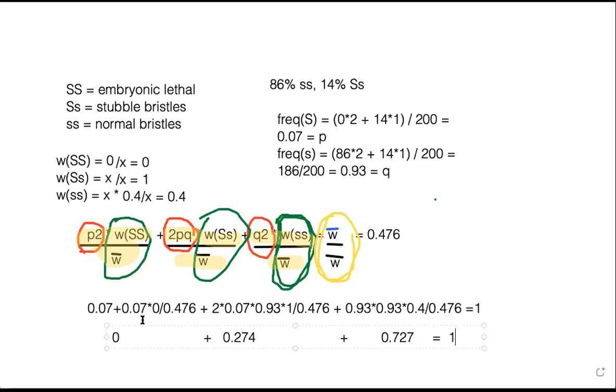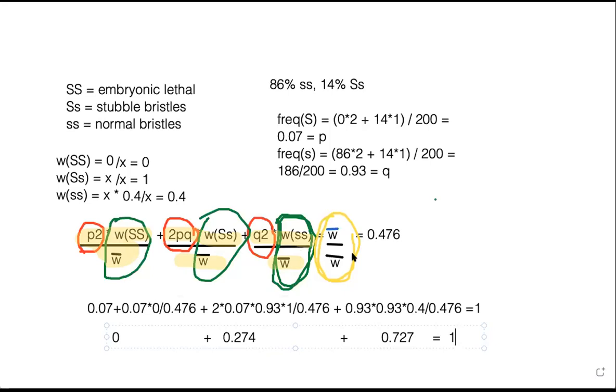So what we now know is that in the next generation, our frequency of big S flies is still 0, because they never catch a break. Our frequency of heterozygous stubble-bristled flies is going to go from 14% to 27.4%. It's going to double, or almost double.